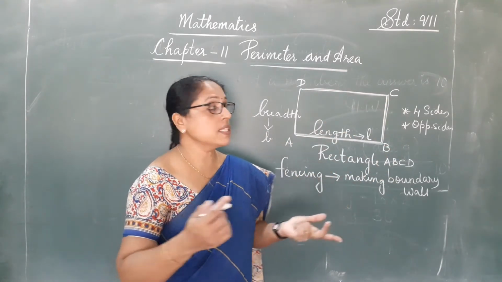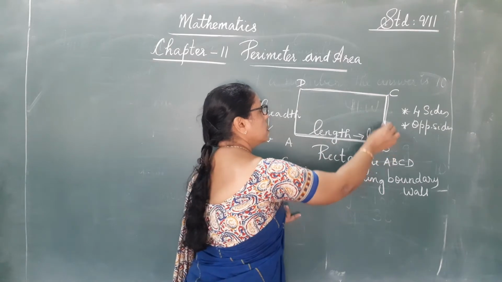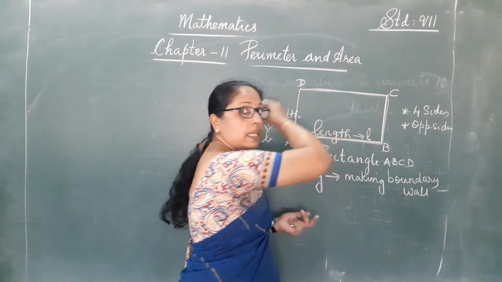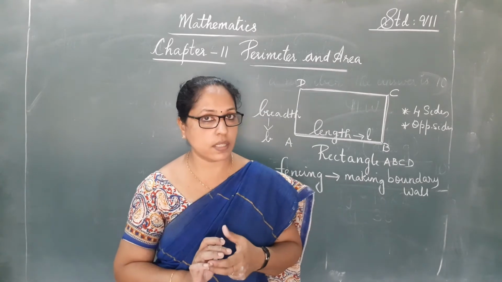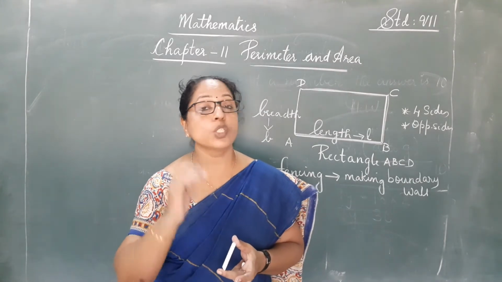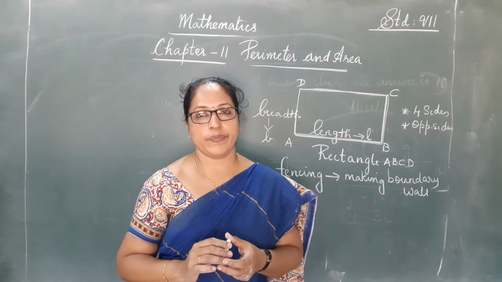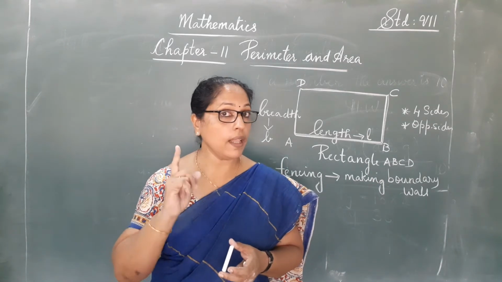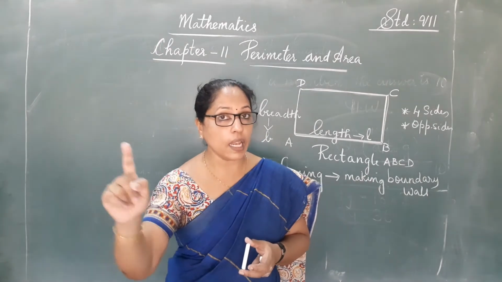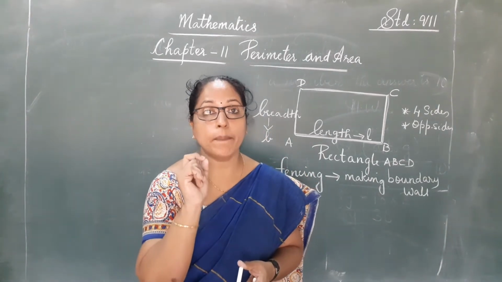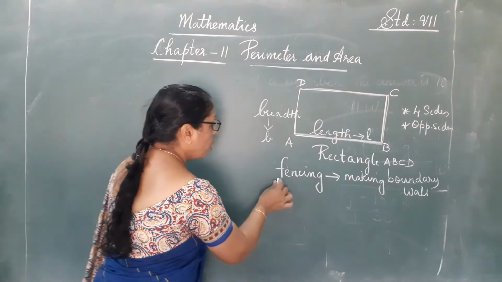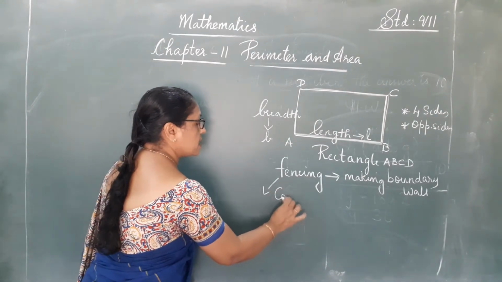Fencing is done along the boundary. If any work is done on the boundary, it is related to which concept? Think well and say, when work is done along the boundary, which concept do we apply to find the cost of fencing?